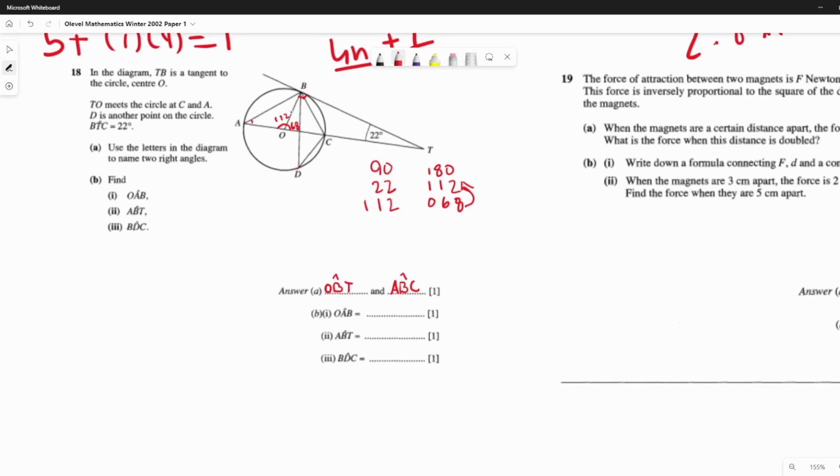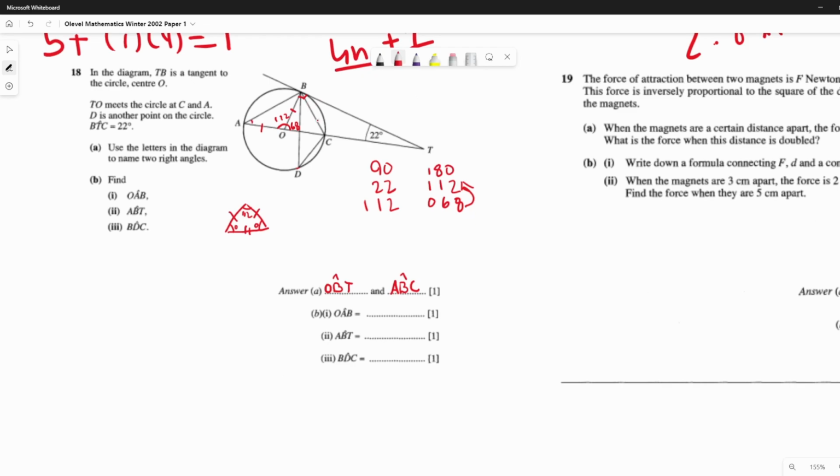And now we also know that these two are the radii of the circle. So this basically forms an isosceles triangle where these two are equal. In our case, this angle is 112, but these other angles would be the same.